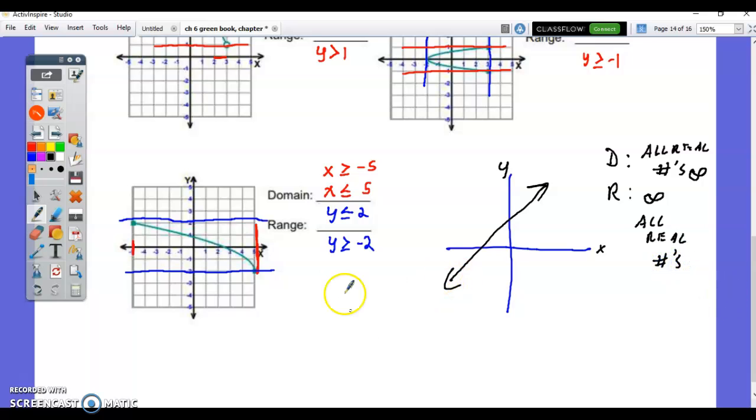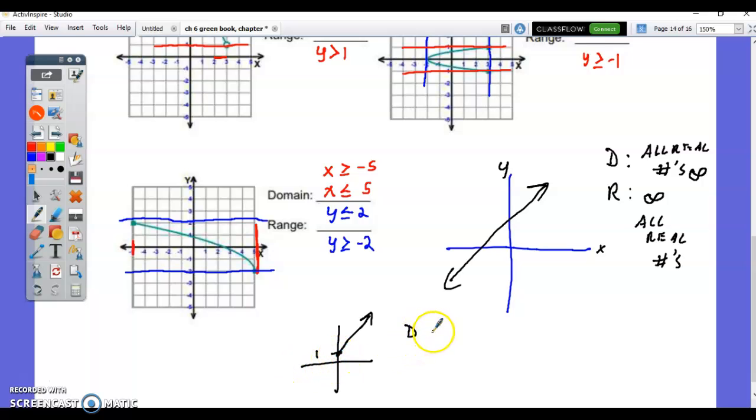There are times where you might see a graph like this, where maybe it starts at this point and then goes on forever. So this would have a different range. Let's call this 1. All right, so our domain for this type of problem, and again, it's our x values. You can see that this graph does not go past 0 on our x-axis.